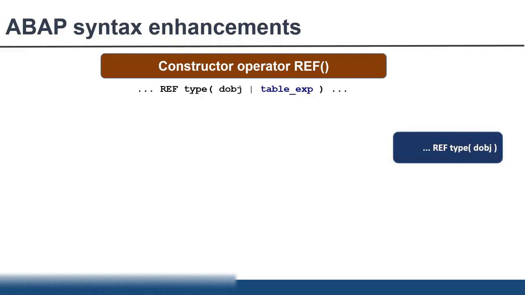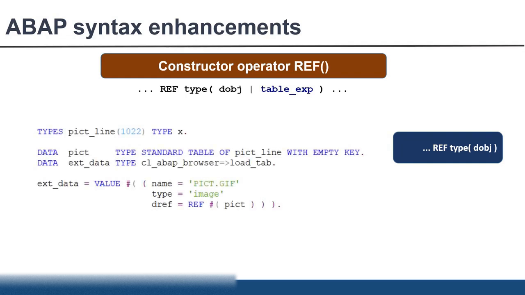First one, if the data object is specified as an argument, the operator works like the statement GET REFERENCE and creates a data reference variable as a result. Example, the iTab here is filled with VALUE operator where the component dref is given a value using reference operator.